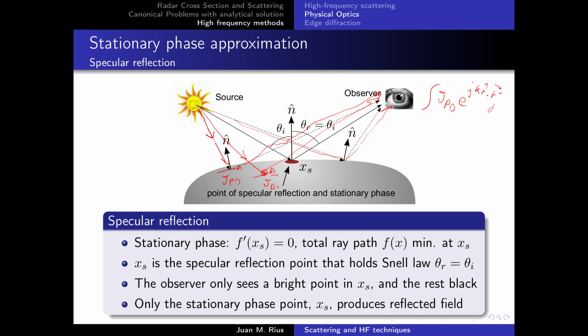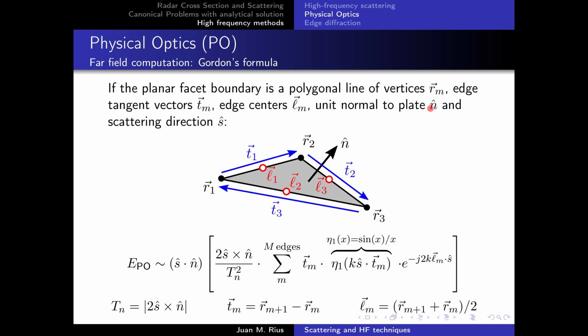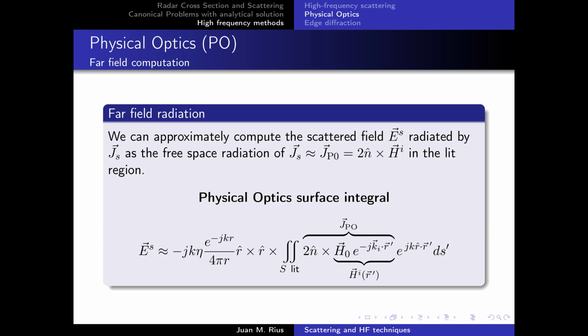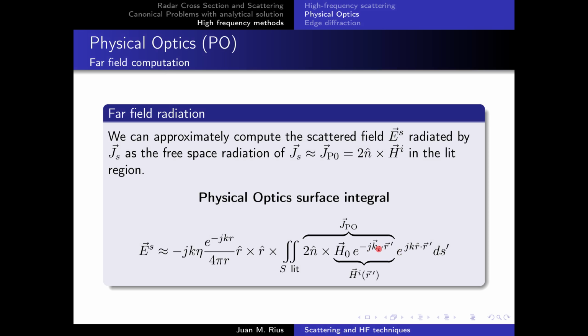But we can observe the total phase, including the phase of the Fourier transform exponential and the phase of the incident field that is within the physical optics current. Remember, when we replace the value of the physical optics current, it has some phase due to the phase of the incident field.